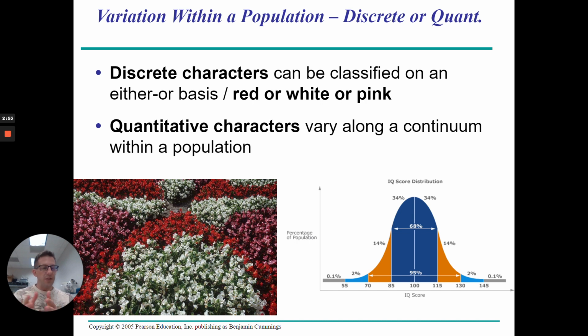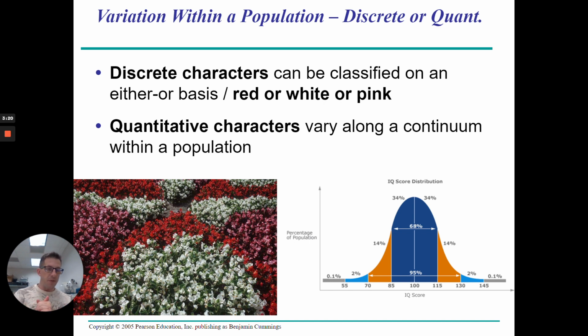So there are discrete characteristics, but there are other characteristics that are much more complicated in how they're inherited, and sometimes they're due to the expression of more than one gene at the same time. Sometimes they're due to expressions of multiple gene sets that have some kind of bearing on a single trait.